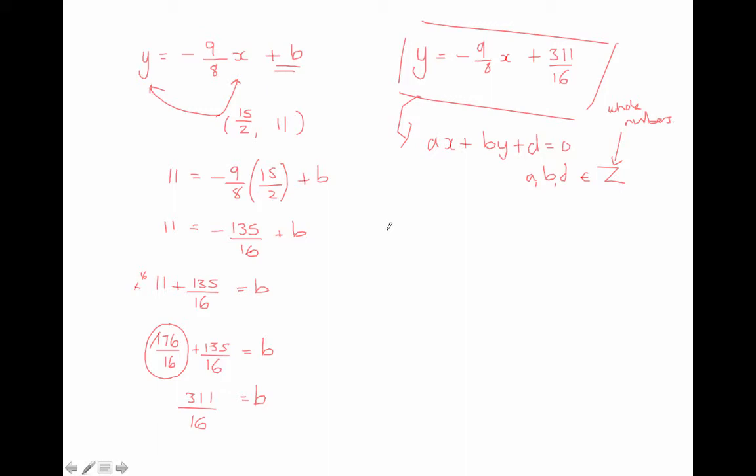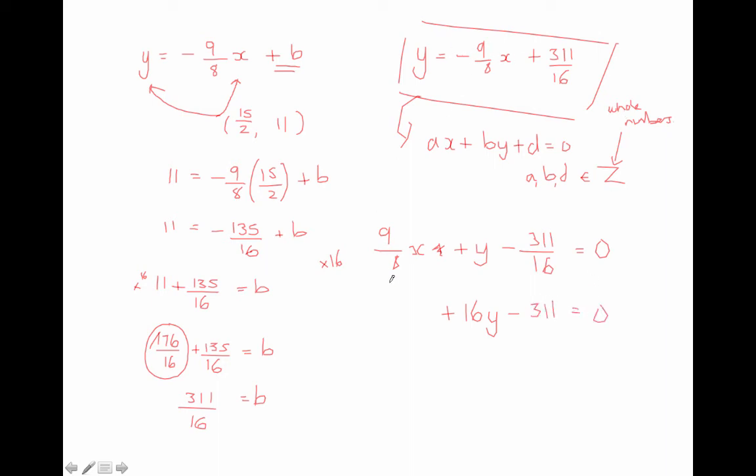So if I move things across, that would be 9 over 8x plus y minus 311 over 16 equals 0. If we want to get rid of the fractions, I need to multiply by the highest denominator, which is 16. So if I multiply everything by 16, I get 16y minus 311 equals 0.